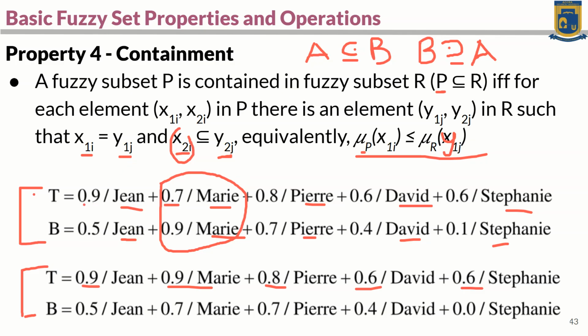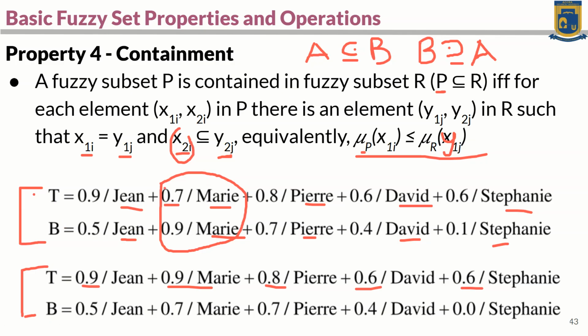So here, for T, it is 0.9 and here it is 0.5, which is true. When you come here, it's 0.7 and 0.9. Apart from what I've circled, the rest for T are all greater than that of B. So that is why they were saying that T contains B.